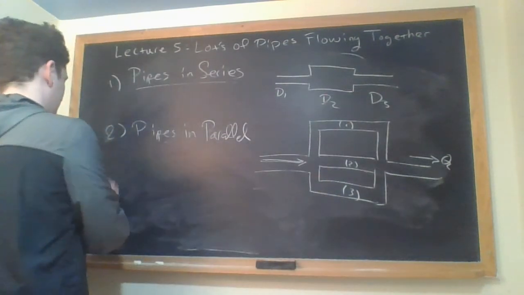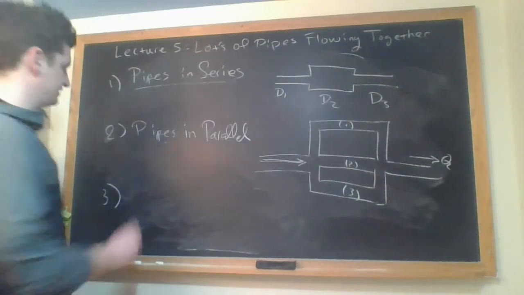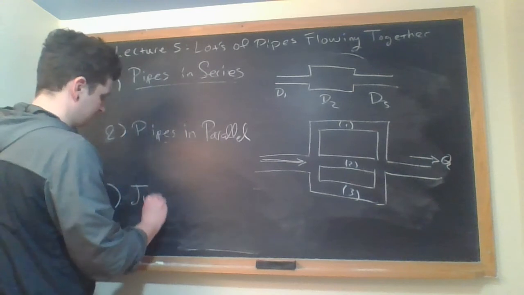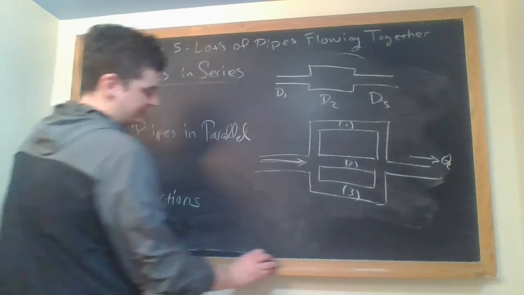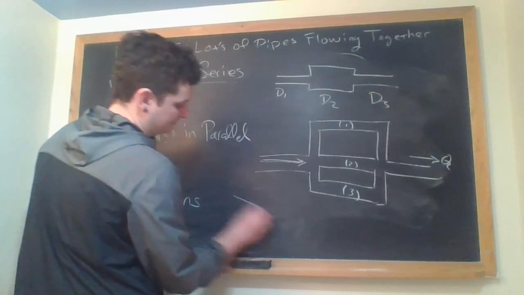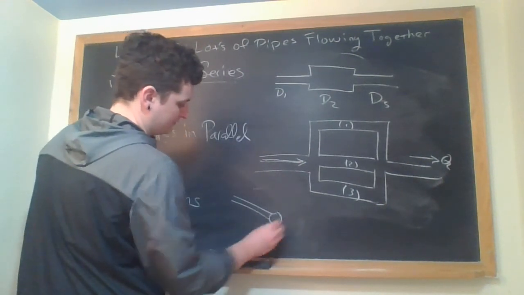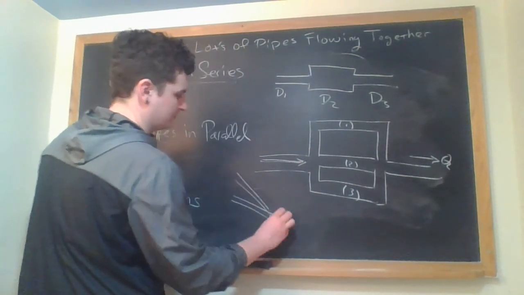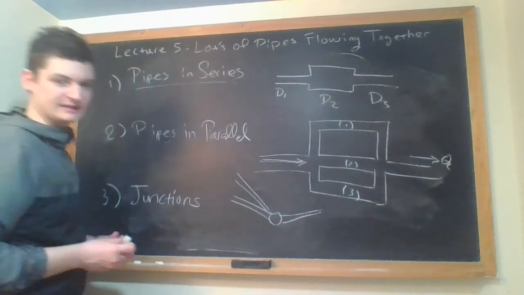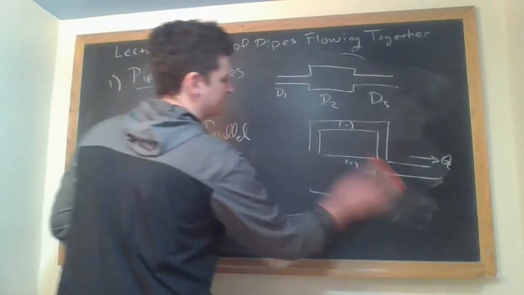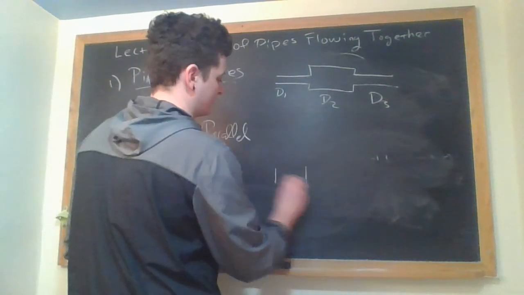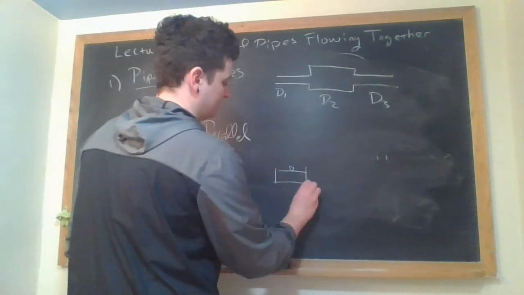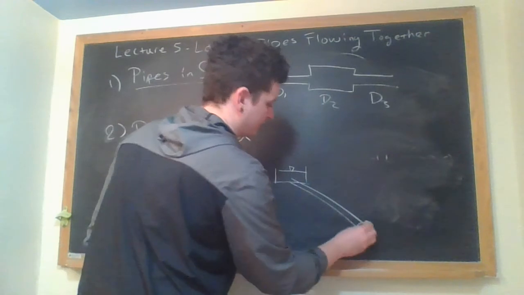And then the third one is pipes and junctions. So this is a situation where you have, let's say, a pipe, something like that. I ran out of space, so I'm just going to erase this. So the junction problem is one where you have reservoirs that flow down here.